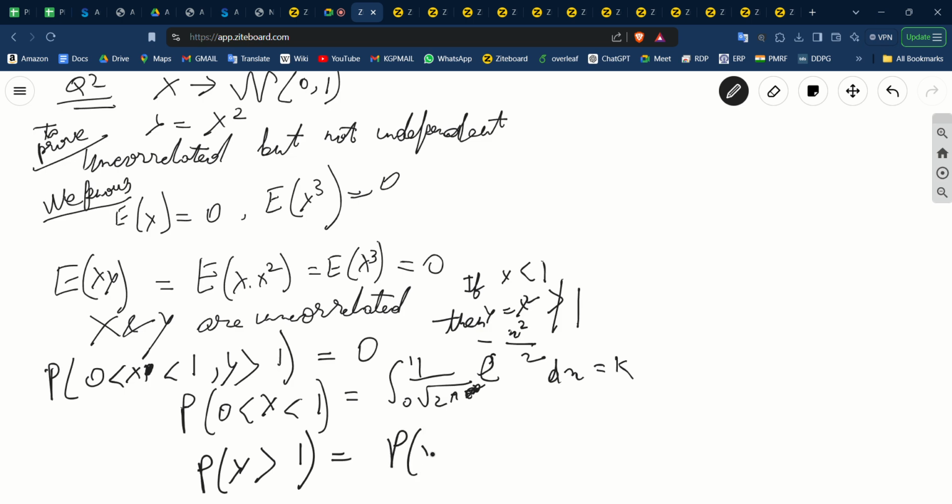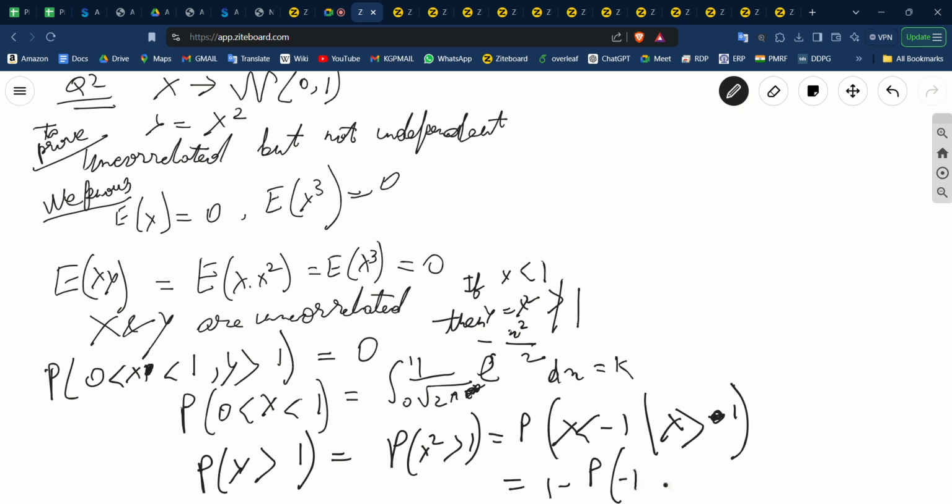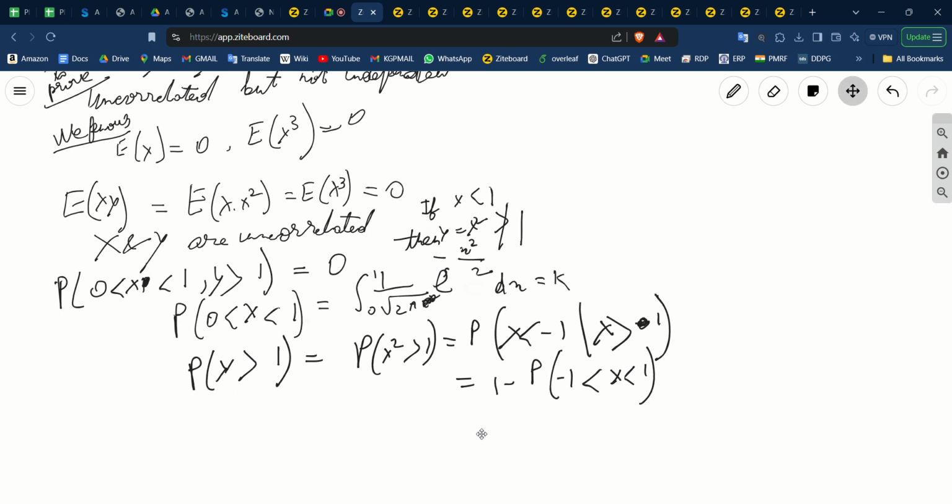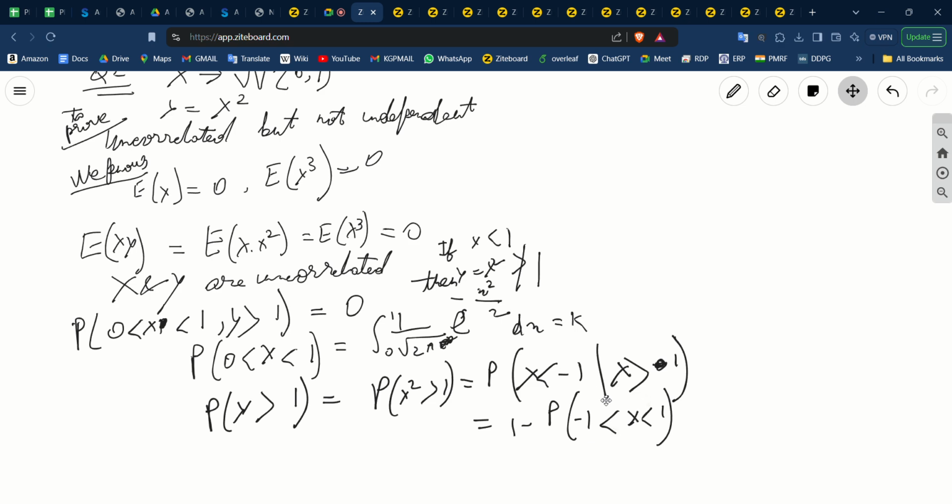It is equal to P of x square greater than 1, which means x can be less than minus 1 or x can be greater than 1. So it cannot lie between minus 1 and 1. So it is the complement of the event that x will lie between minus 1 and 1.